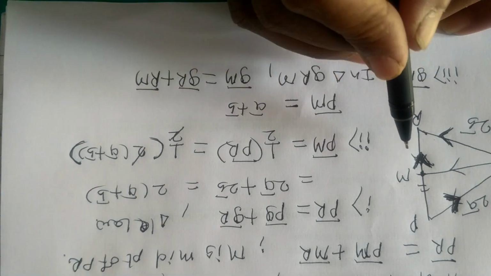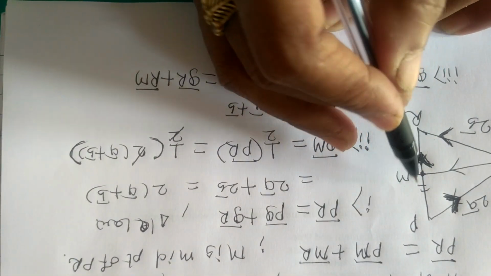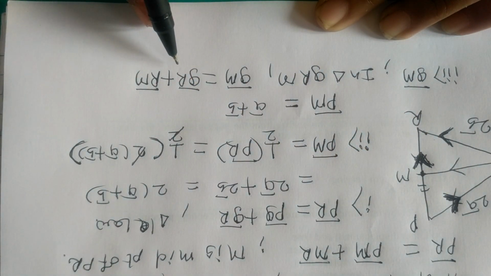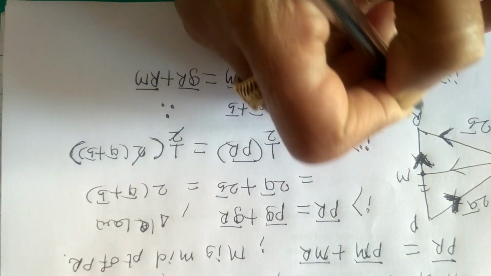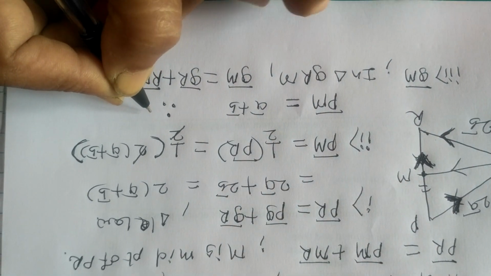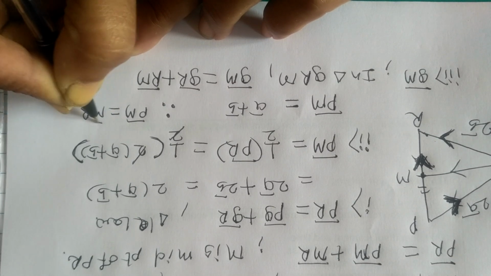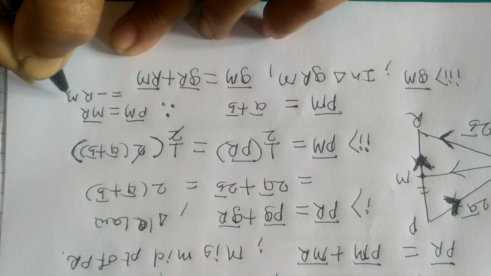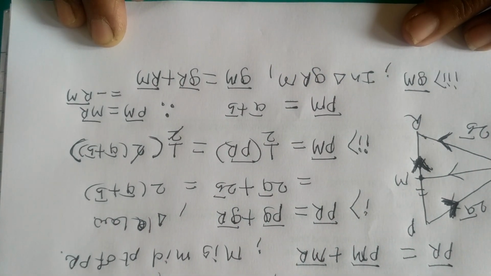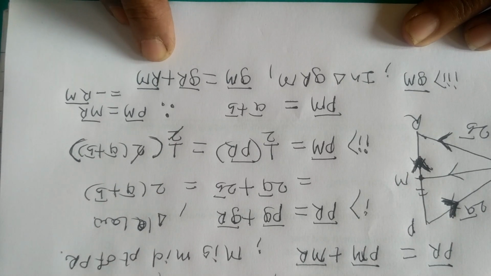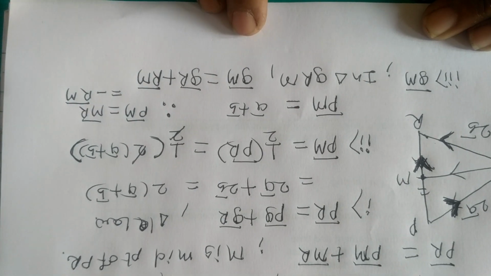MR bar and PM bar are in the same direction, but we take the minus sign, so RM bar is the negative of PM. And QR bar, you know, is 2B bar.